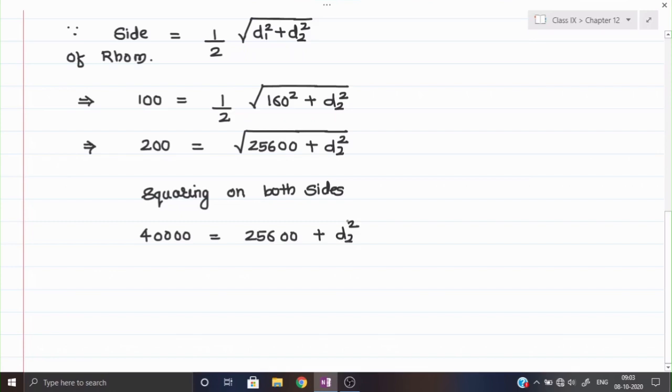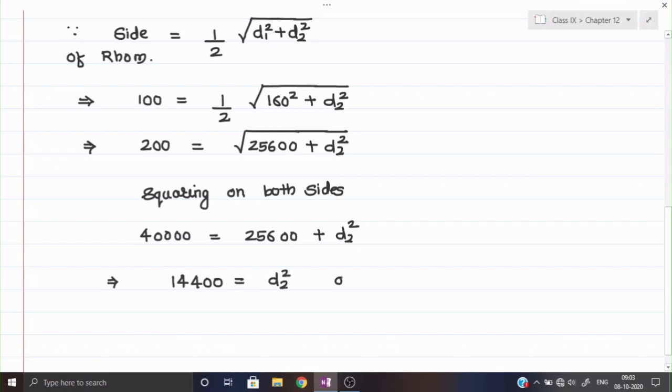Now from 40,000 we shall subtract 25,600. If from 40,000 I subtract 25,000, 15,000 will remain, and from 15,000 you subtract 600 also. So I think the remaining is 14,400, which is equal to the square of d2.